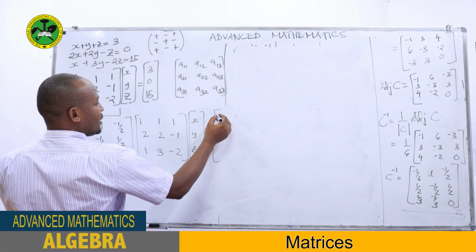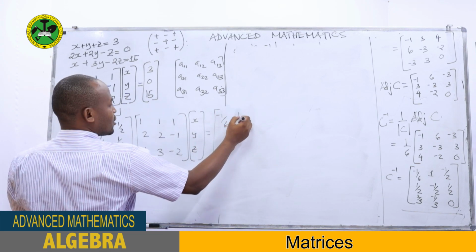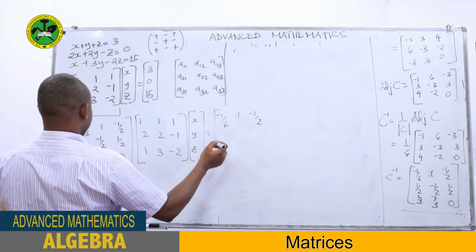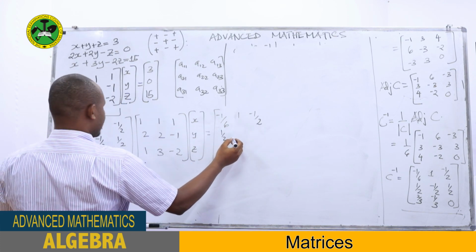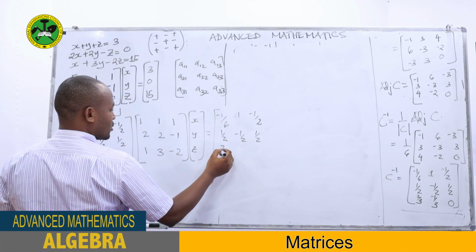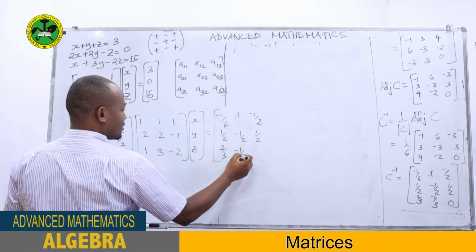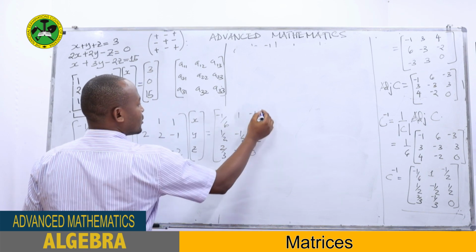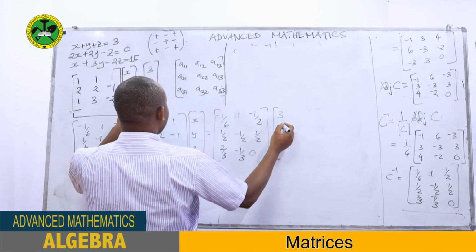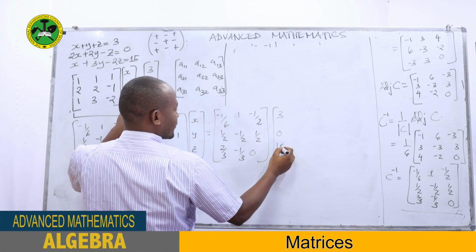That means it will be negative 1 over 6, 1, negative 1 over 2, 1 over 2, negative 1 over 2, 1 over 2, 2 over 3, negative 1 over 3, 0. And we have to multiply with 3, 0, 15.